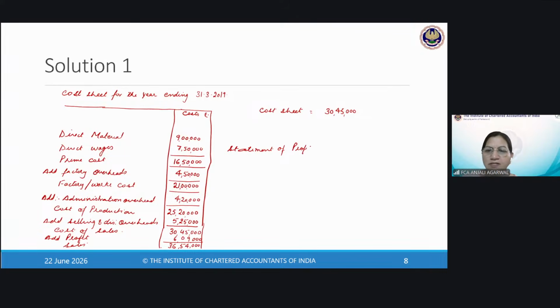When you prepare the statement of profit separately, the opening stock of finished goods will be shown here. In this question, there is no opening stock of finished goods.